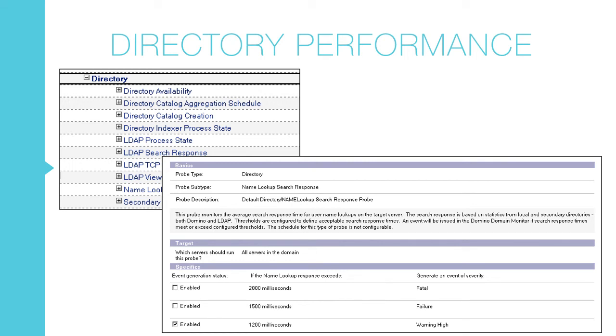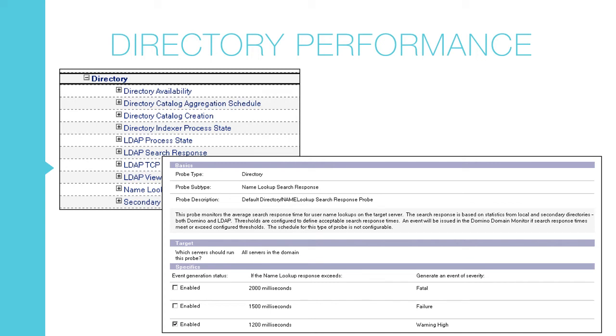And what that is, is how fast the server responds to me doing a name lookup. As I create a new email and I start to type Tim, as soon as I start typing, the server's going to start doing a lookup. The speed at which the server can do a lookup to the directories and return me a response, that's your name lookup search response.